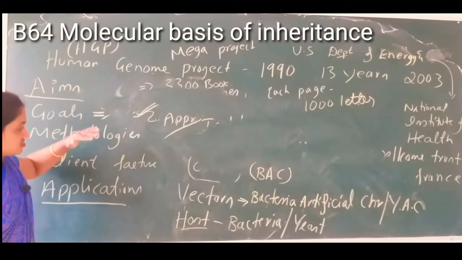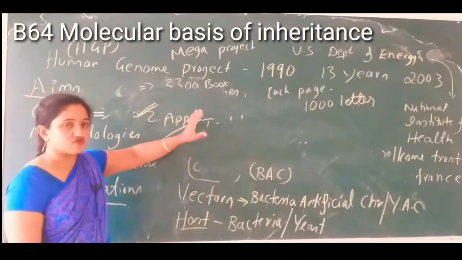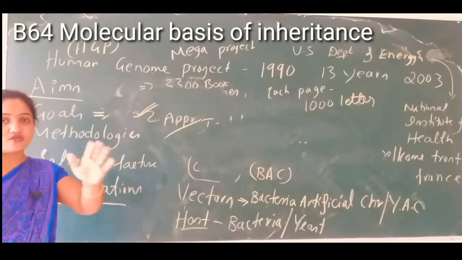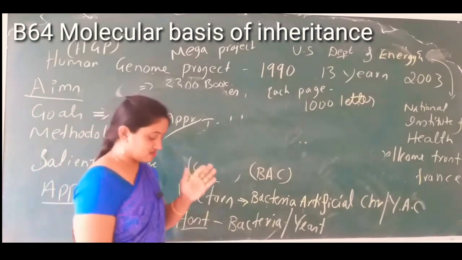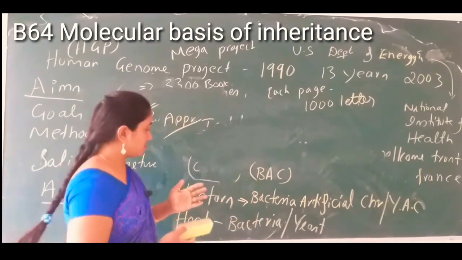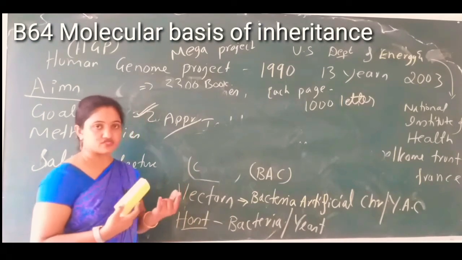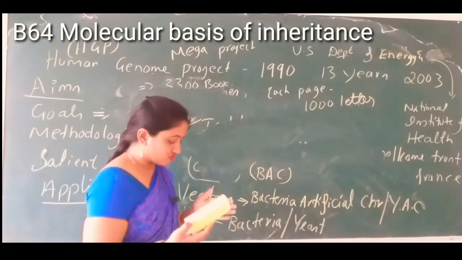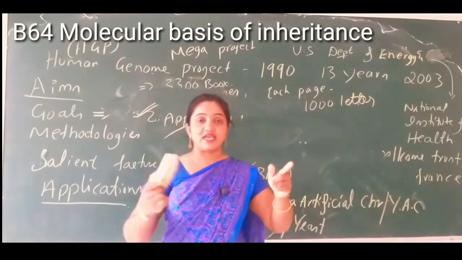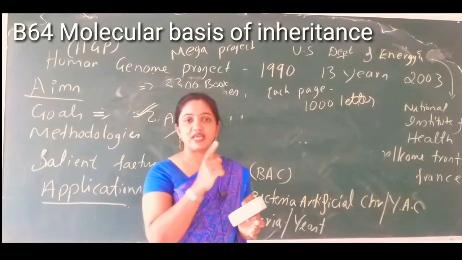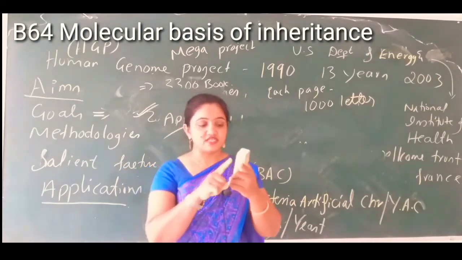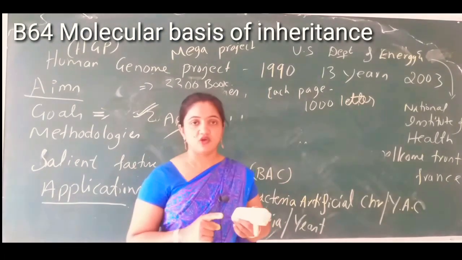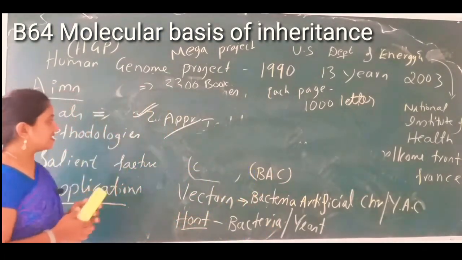Just understand this: taking out the DNA, making it into fragments, and cloning with the vectors and host. After the cloning process, they can read out each and every base pair, each and every sequence of the DNA.